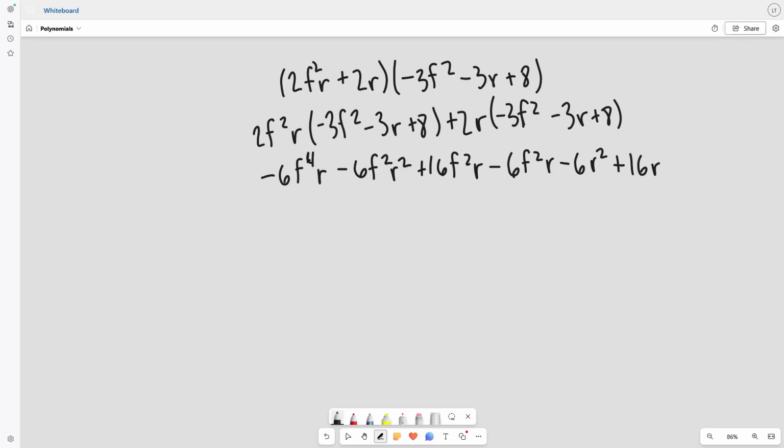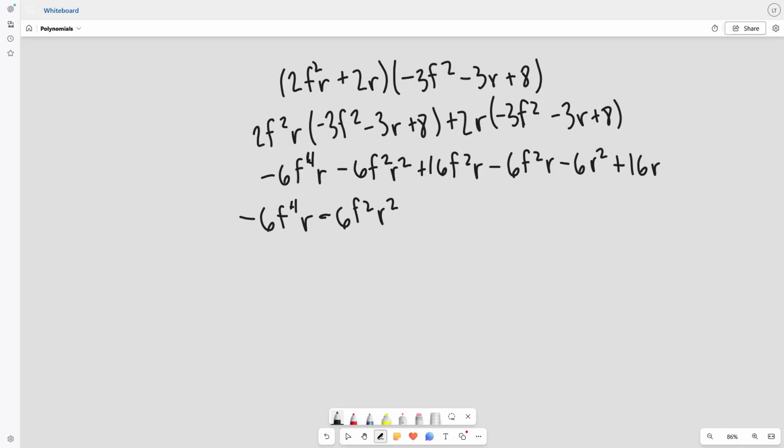We only have one term with f to the fourth r, so go ahead and write that out. Okay, do we have any other f squared r squareds? We do not. We do, however, have multiple f squared r terms.